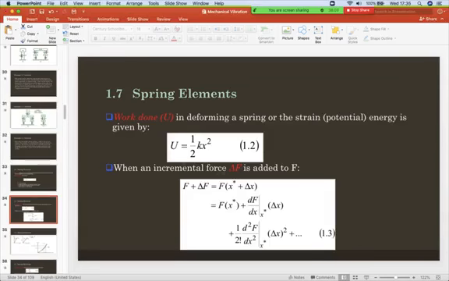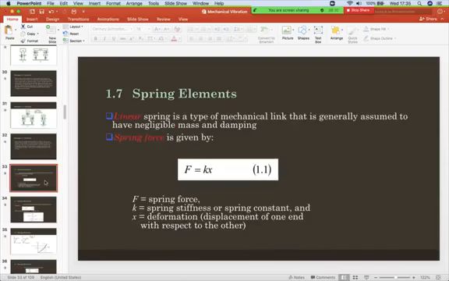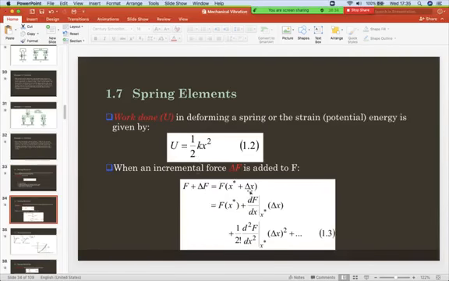When an incremental force is added, you just add delta force plus F, or F times x, then delta x, or force x, dF/dx times delta x plus this one, and so on and so forth. That is the additional force. But always remember that is the force, and the same thing as Kx.